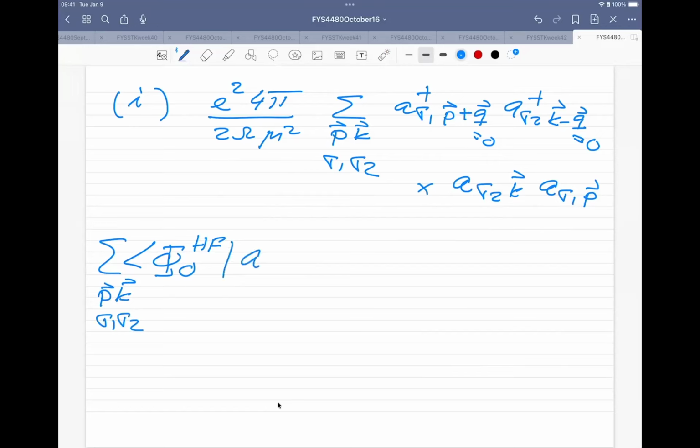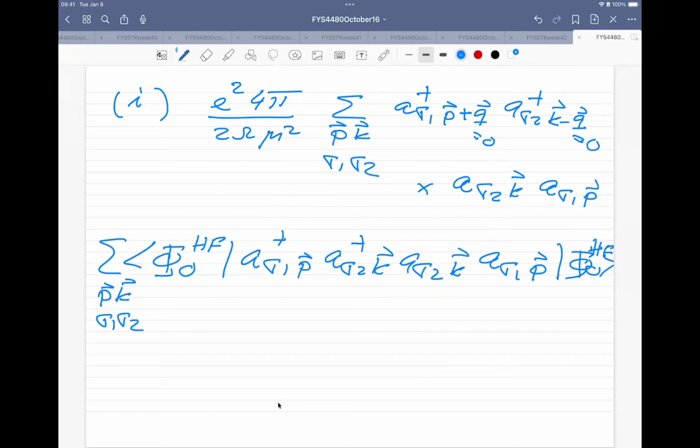And then we are simply going to calculate this expectation value of A sigma 1 dagger of P, A sigma 2 dagger of K, A sigma 2 of K and A sigma 1 of P, in phi 0 Hartree-Fock. Now, in this particular case, we have not normalized the operators to the new vacuum state.